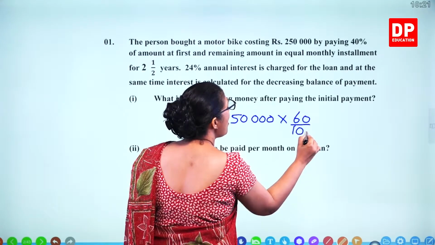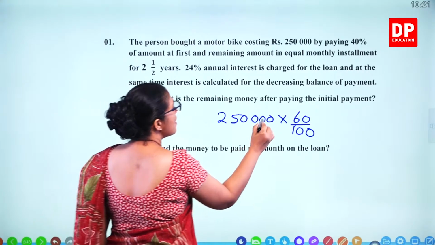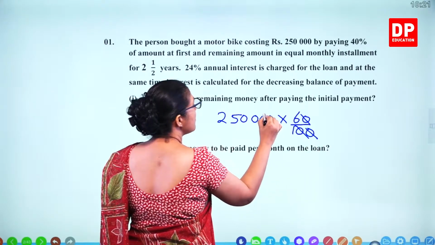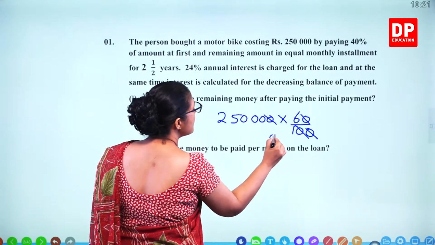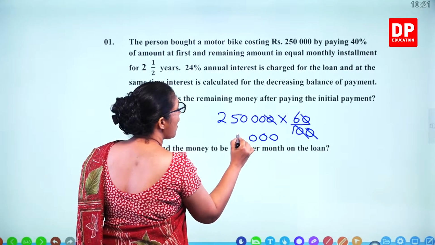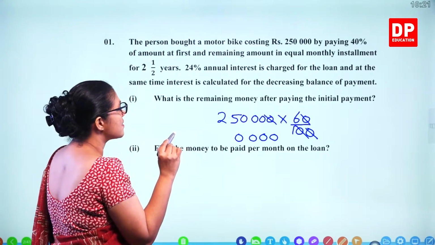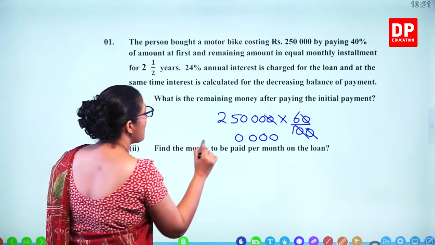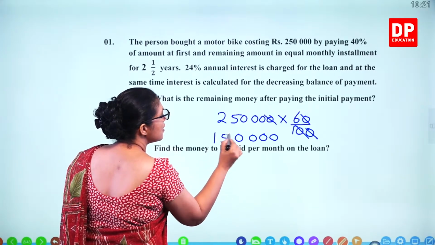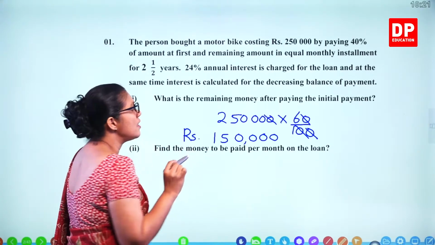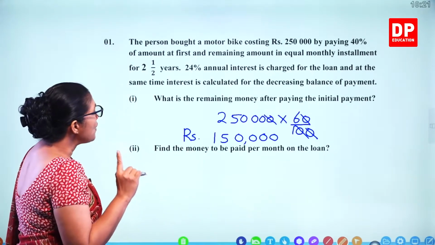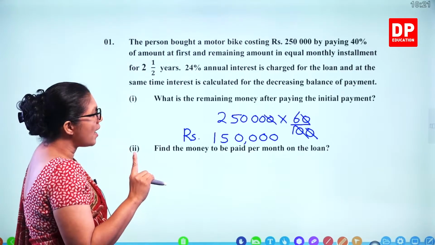That's the remaining amount. 6 times 5 is 30, 3 remaining, 6 times 2 is 12 plus 3 is 15. So the value is 150,000 rupees.